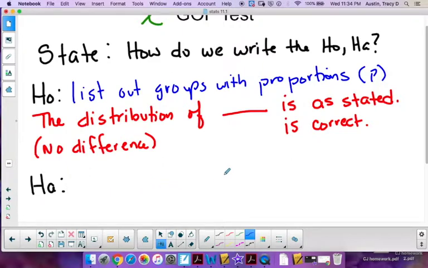And again, I know that seems really weird, but we're not allowed to say it's incorrect because that means that all of them are wrong. So this is the way we state the alternative.